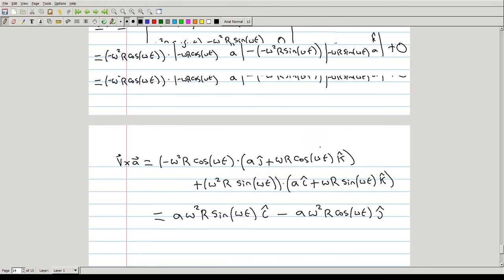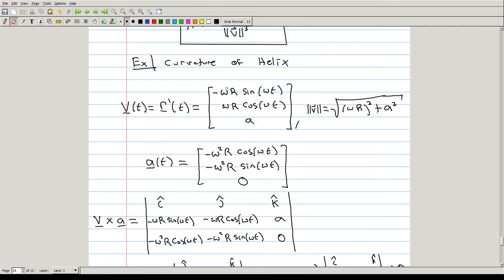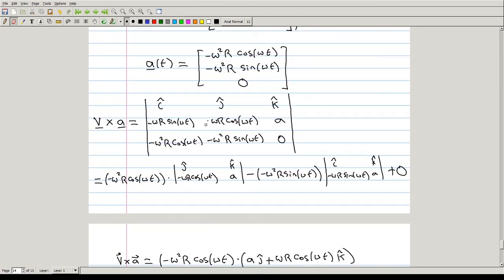Oops, sorry, I just realized I have a small typo here. The velocity vector only has a negative first component.